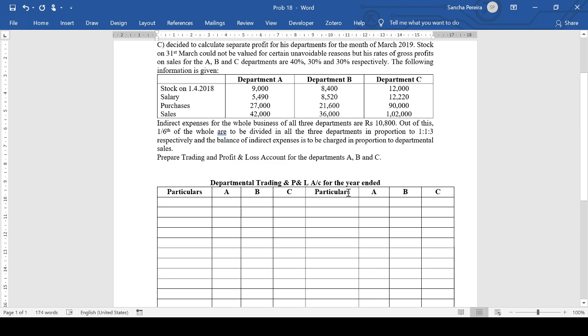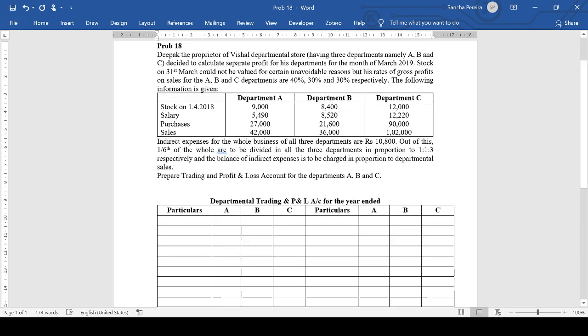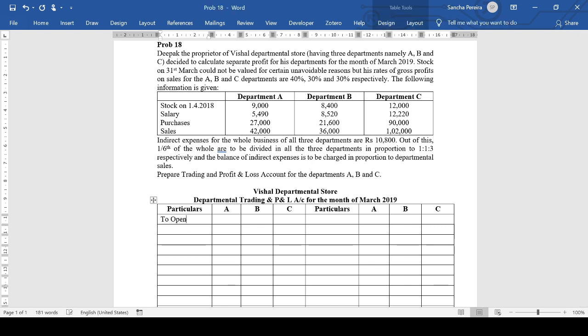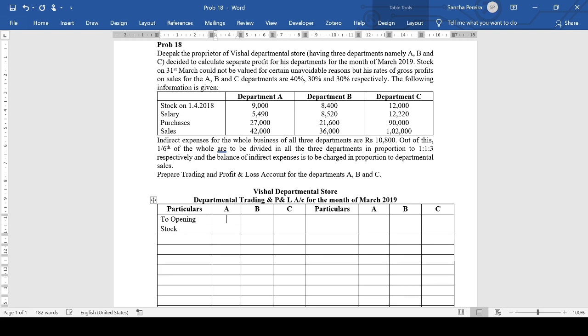So what I'm going to do is, in the books of Vishal Departmental Store, prepare the Departmental Trading and Profit and Loss account for the month of March 2019. To opening stock, the opening stock given is 9,000, 8,400, and 12,000.